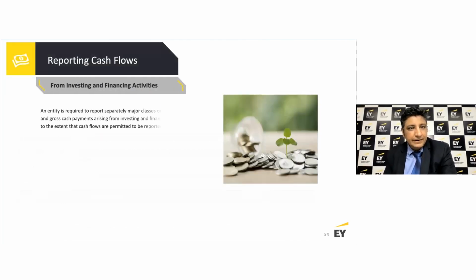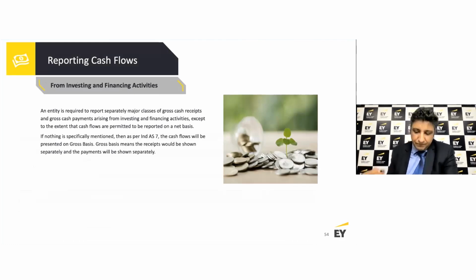Now, these are broadly around the next set of discussion where we look at how we report some specific aspects. If I say, for example, I'm talking about a purchase of a machine versus a sale of a machine. Let's say there's a machine which is purchased for 10 crores, but you also sold a machine of, let's say, 4 crore rupees.